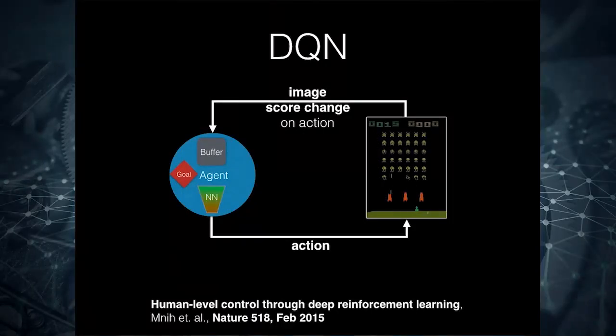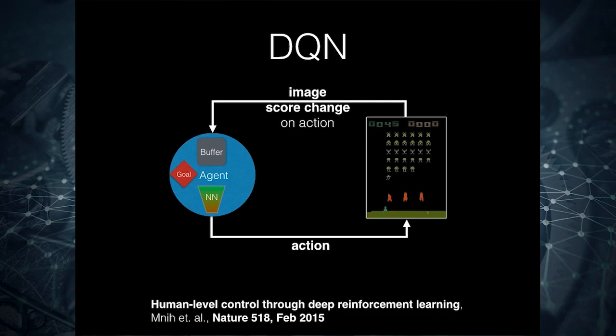Here, essentially, you have this agent that gets images and it tries to take actions in games. The goal here, obviously, is to maximize score in the game. And this is a value-based system where you're learning the Q function.